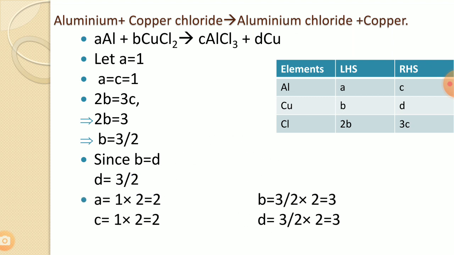So we get, but we don't want the answers in fractions. So we multiply all by 2 and we get A equals to 2, B equals to 3, C equals to 2 and D equals to 3. So the balanced chemical equation is 2Al plus 3CuCl2 gives 2AlCl3 plus 3Cu. I have explained two methods of balancing. Whichever you like, you can use and balance the chemical equations.